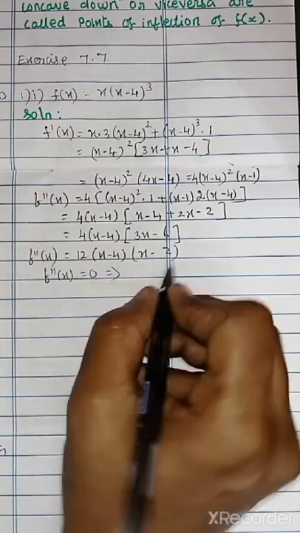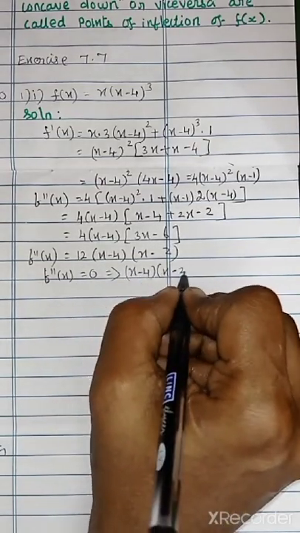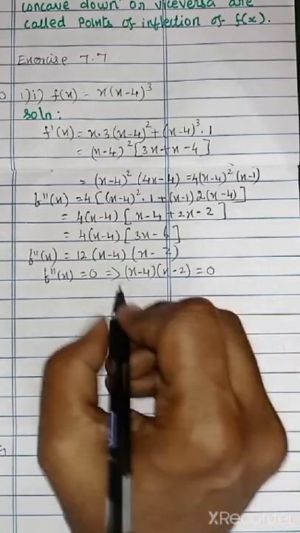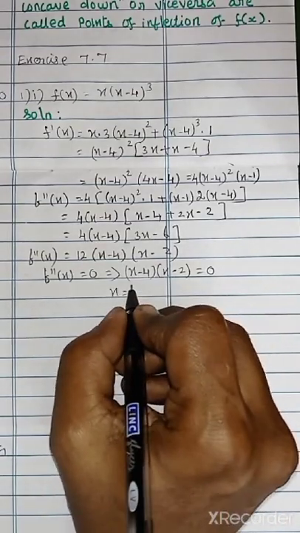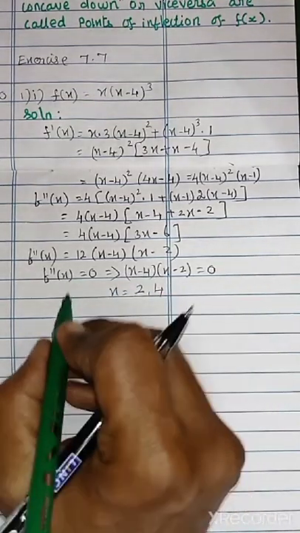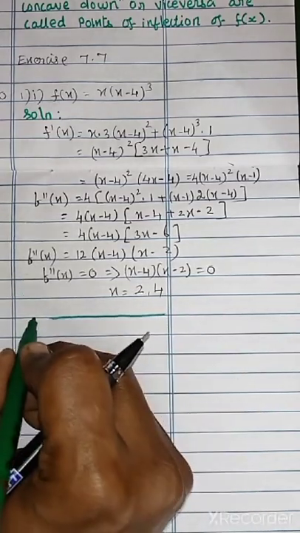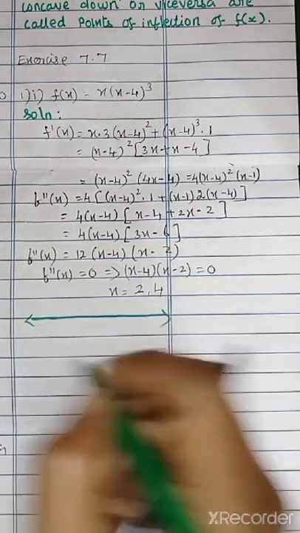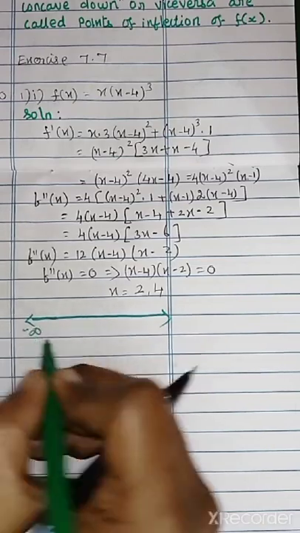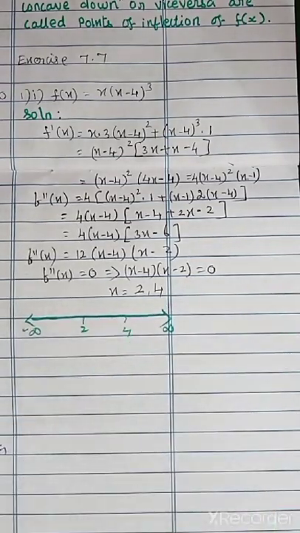This implies the full term becomes 0, so (x minus 4)(x minus 2) equal to 0. That is x equal to 2, 4. So we got the x values 2 and 4. Now make the number line from minus infinity to infinity.